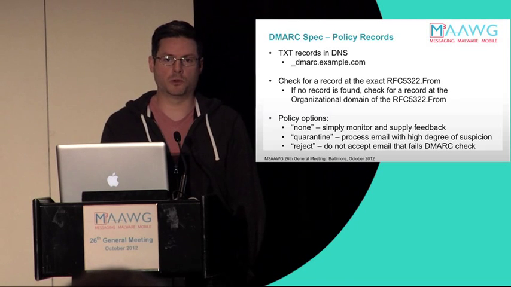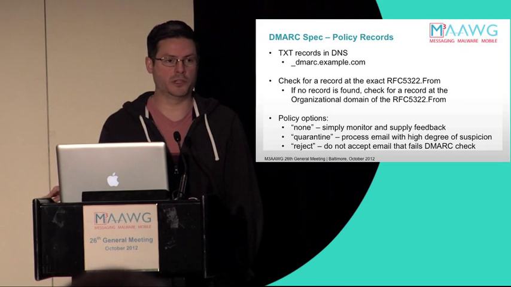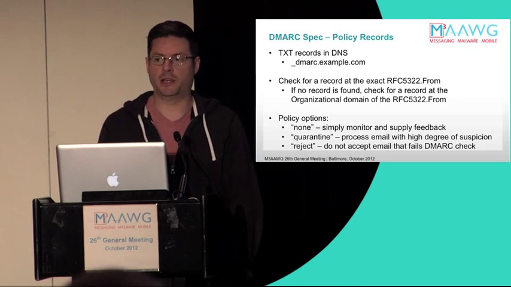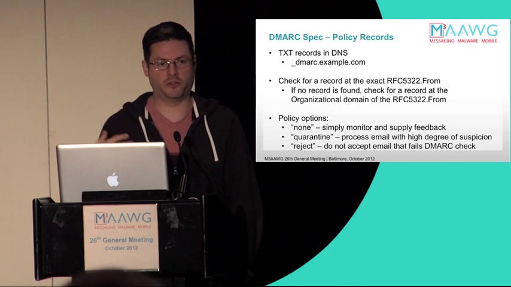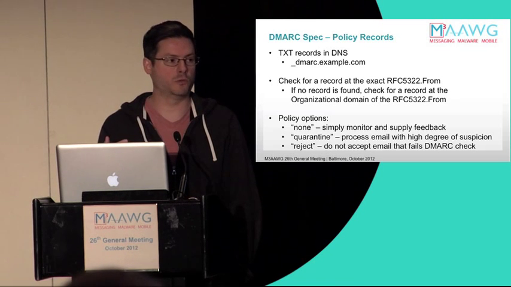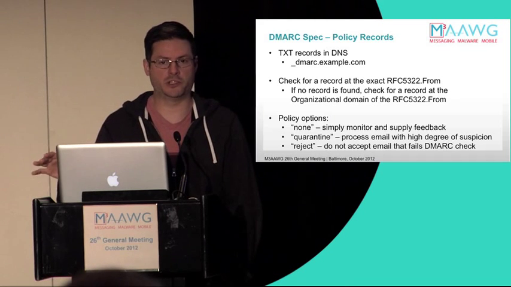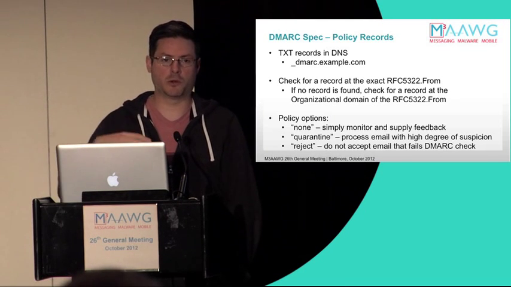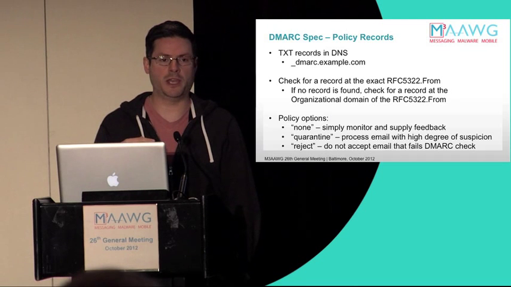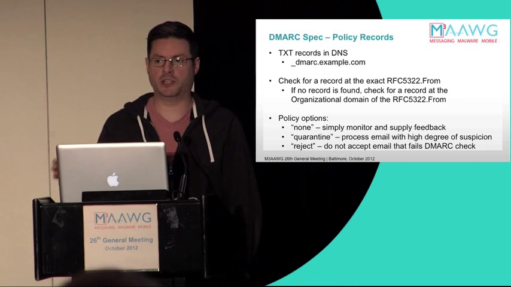In the private channel world, which we had before we released the public record format, you basically had to exchange a file of policy records with your partner in the private channel. When we released the record format into the public domain, as it were, now you can just stick this stuff in DNS.